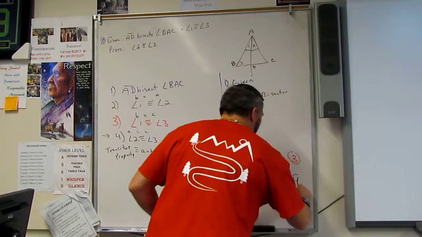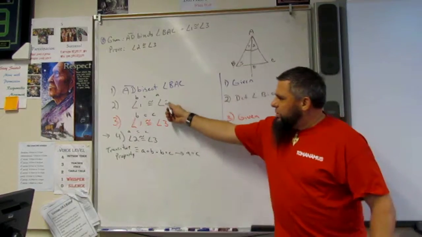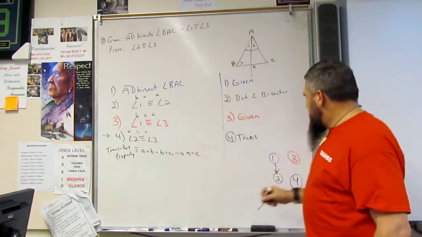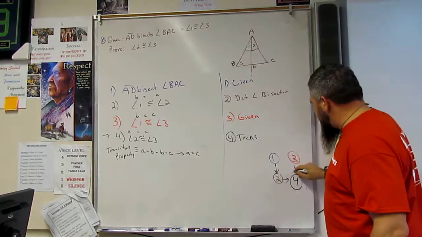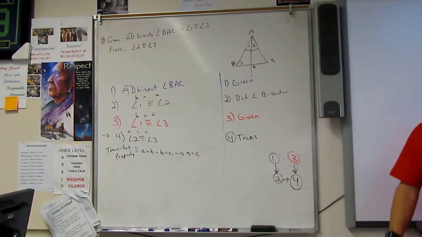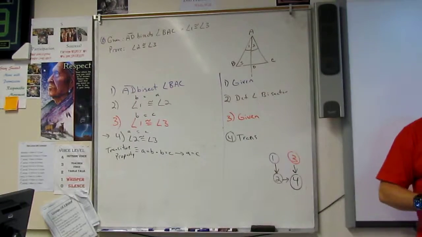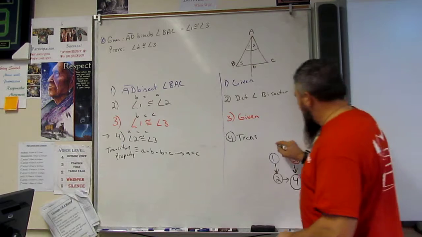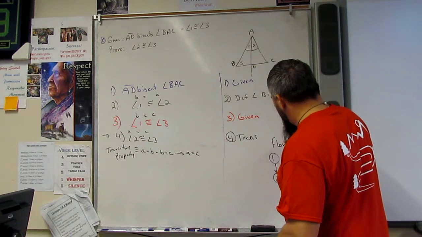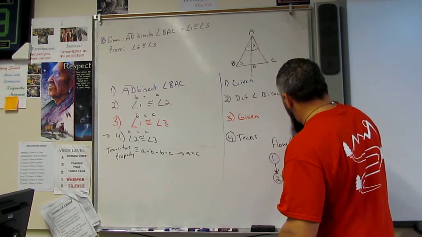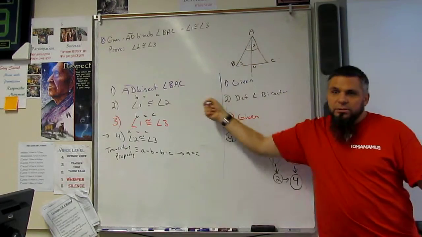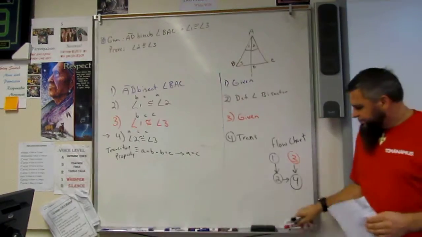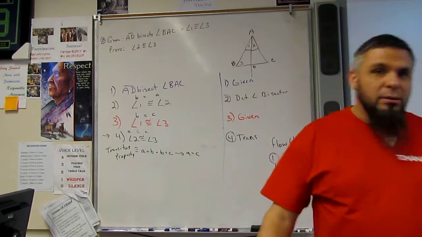So for 4, did we use 2 and we used 3 to get to 4? So I had to use both this and this. Okay? Flow chart. Two-column proof. Okay? Nice.